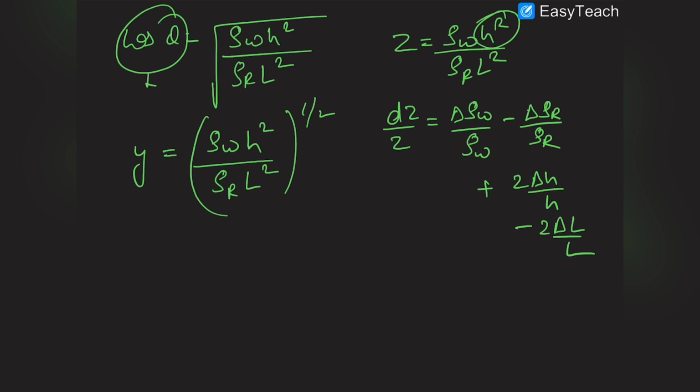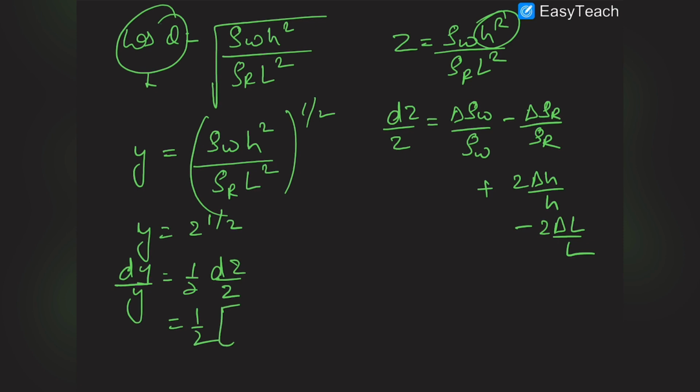Okay, so this is dz by z, and y is equal to z to the power half, so dy by y will be equal to 1 by 2 dz by z. So it would be 1 by 2 of d rho w by rho w minus d rho r by rho r plus 2 dh by h minus 2 dl by l.